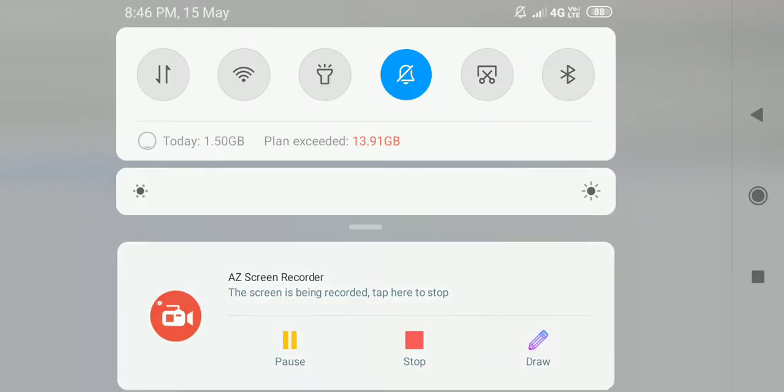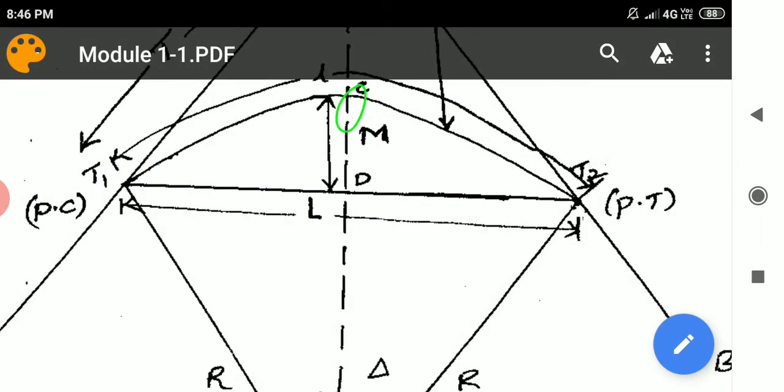Next one is C, the normal chord. It is a chord between successive regular stations on a curve. Next one is the right hand curve. If the curve deflects to the right of the direction of progress of the survey, it is called a right hand curve.